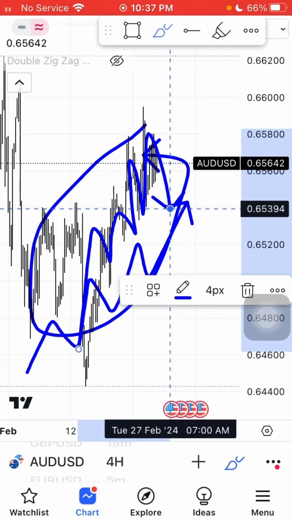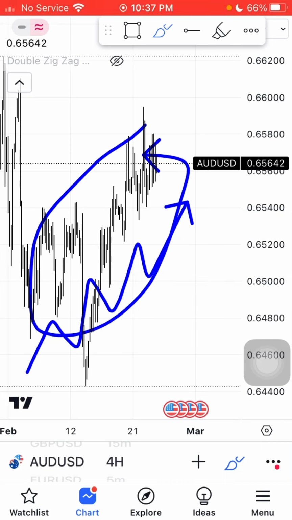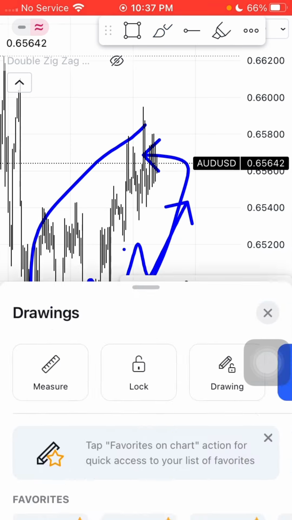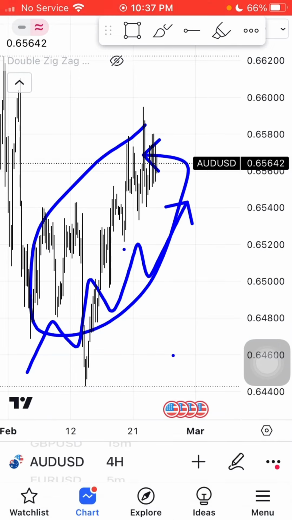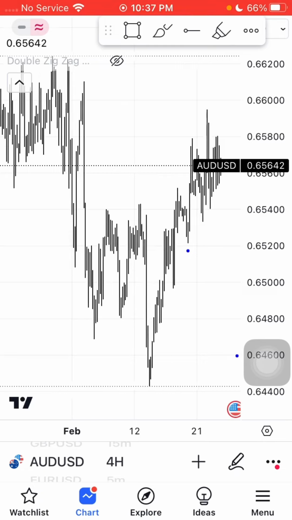So in this case, what do beginners or even advanced traders who are always confused about how to analyze the market do? They make use of this indicator.